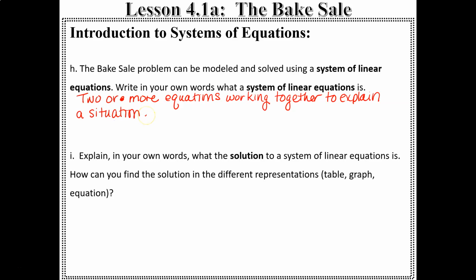That's it. So now you need to explain in your own words what a solution to a system of equations is. Okay, so I'm going to tell you here the solution to a system, if there is one, sometimes there isn't, it's the ordered pair that satisfies both of the equations.